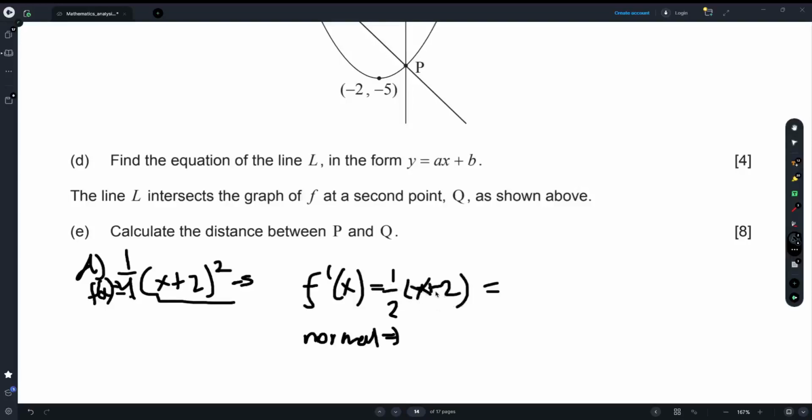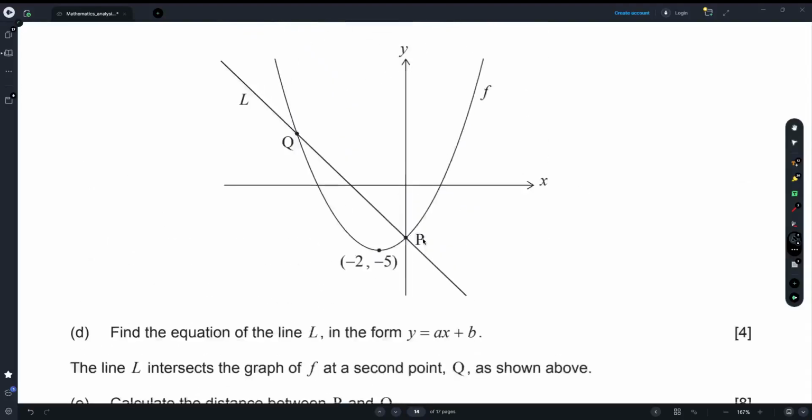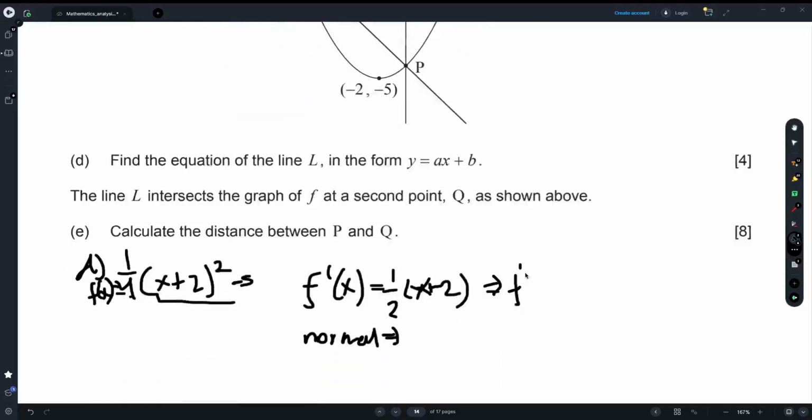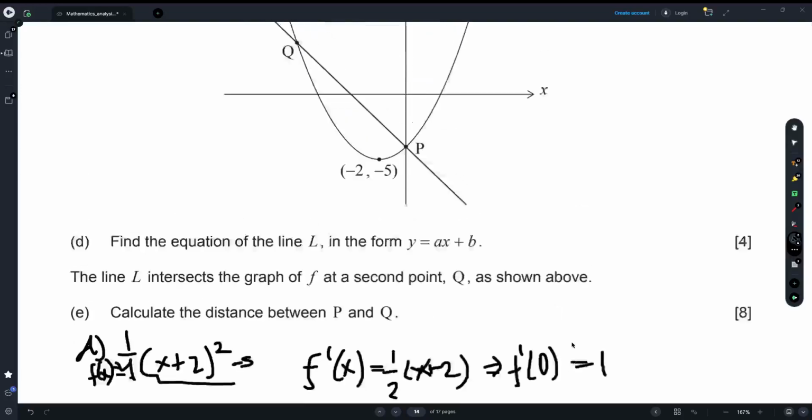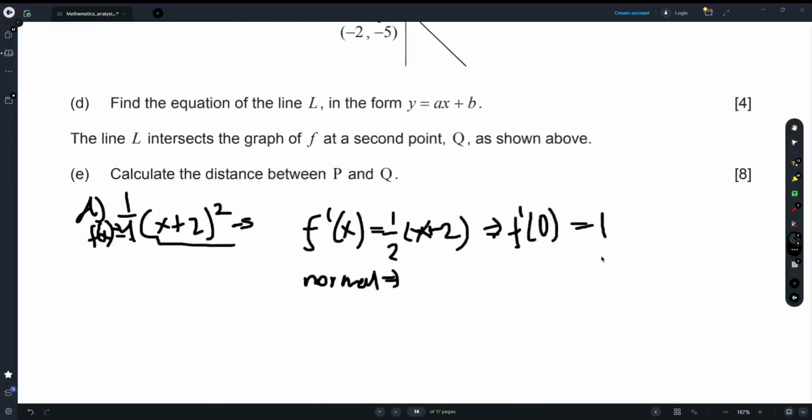Sorry, my apologies. So half of 0, we want to evaluate this as 0. f prime of 0 is just going to be a half of 2, which is just 1. Perfect. So the normal will just be negative 1 over 1, which is negative 1.